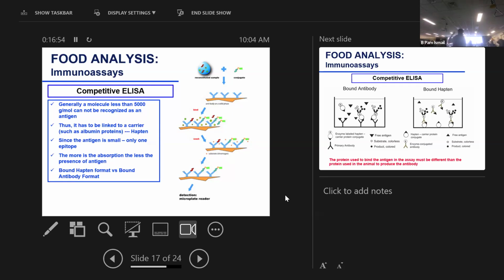This is specific for small molecules like aflatoxin, antibiotics, pesticides. So any small molecule of small molecular weight can be recognized with this competitive ELISA.